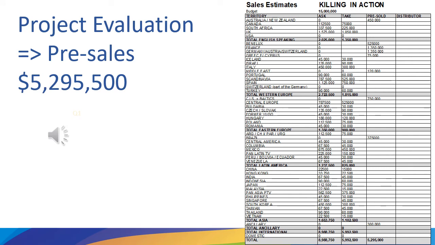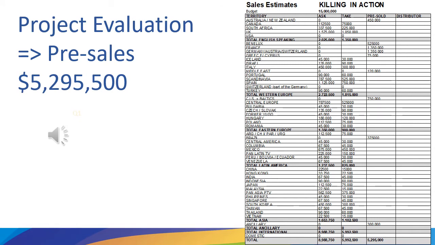And you see here in the pre-sold column, these countries show as sold. So we're selling Australia, we're selling Benelux, etc. You see those countries are sold, and they're being removed from the take level and from the ask level because they're no longer available to be sold. When they're sold, they're sold. They're no longer available anymore.